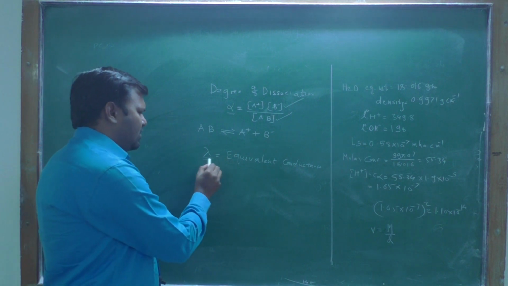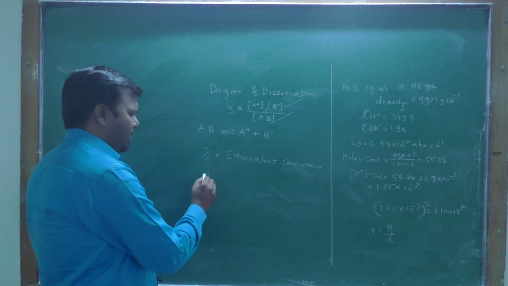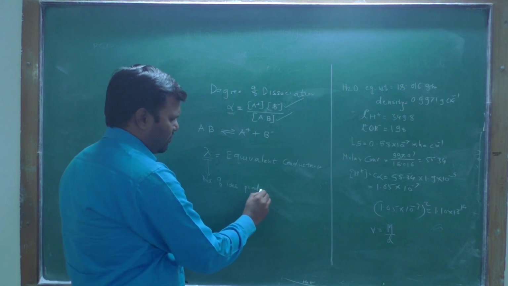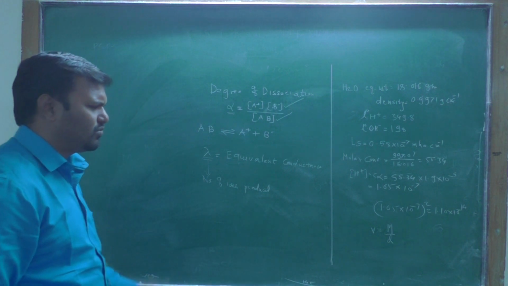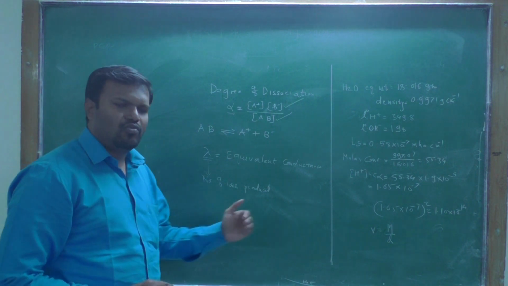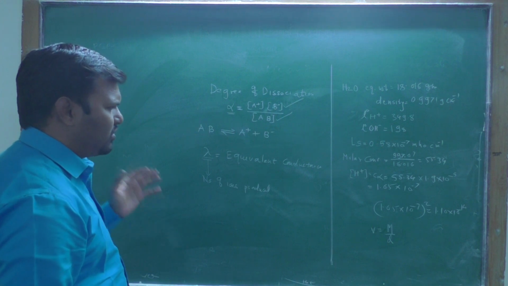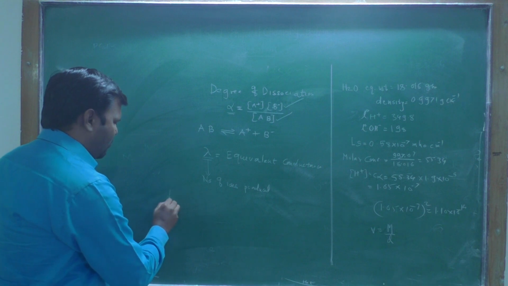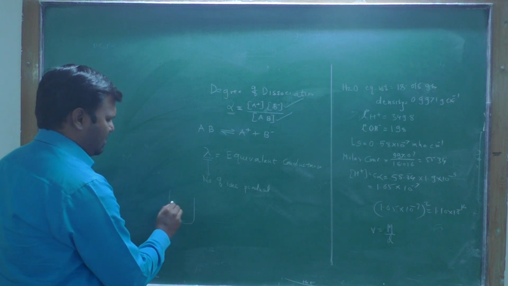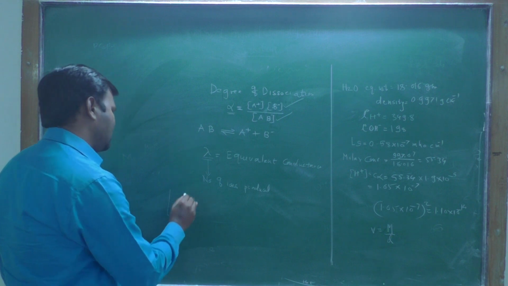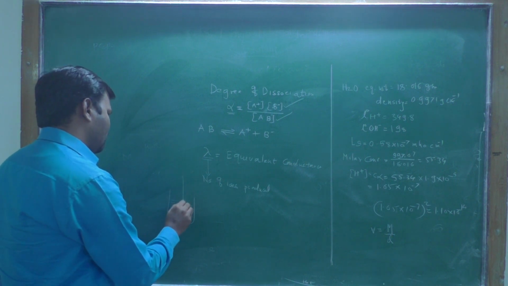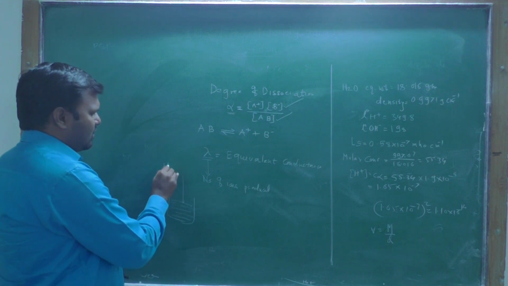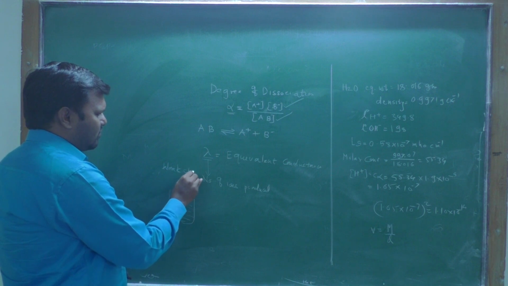This equivalent conductance depends upon the number of ions produced. If the number of ions produced is higher, then the equivalent conductance value must be higher. Suppose we take a weak electrolyte in a beaker and add solvent, that is water, to it.